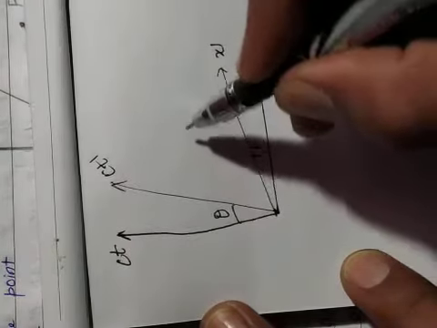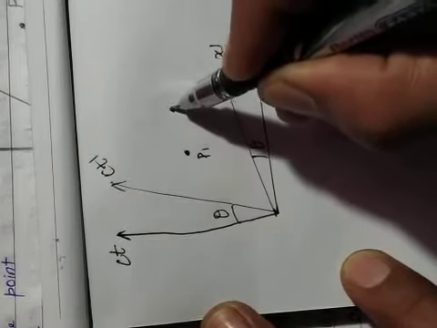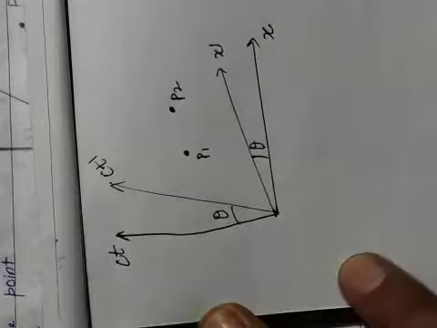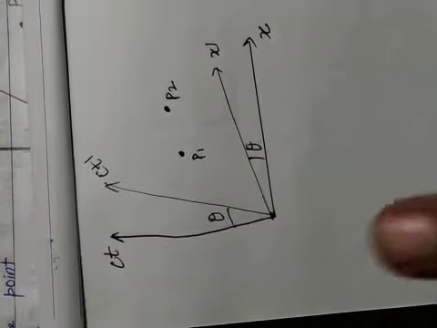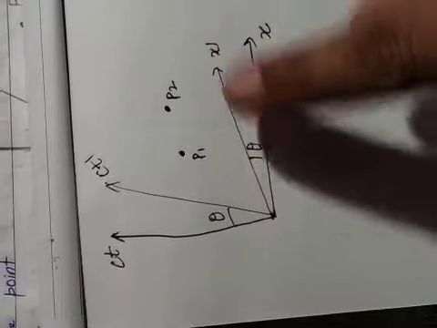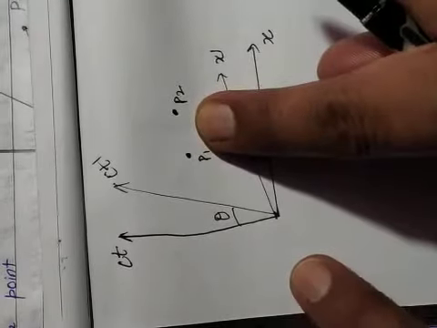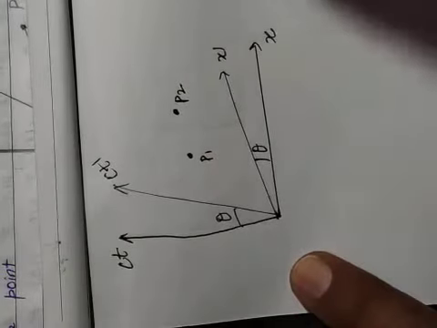There are two points, P1 and P2, which are simultaneous in the S prime frame.